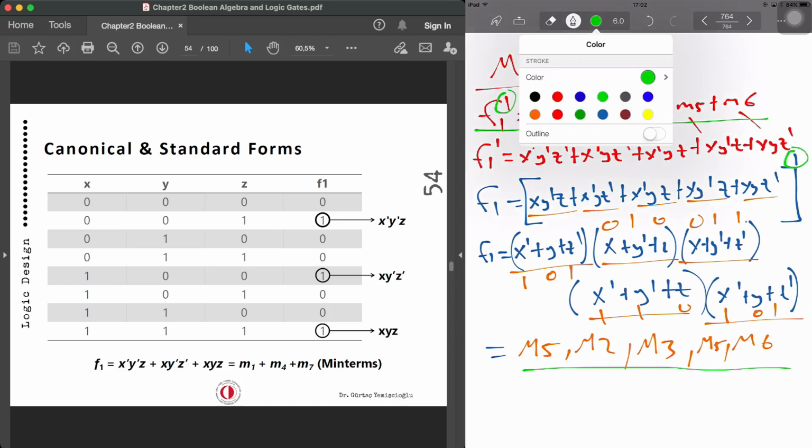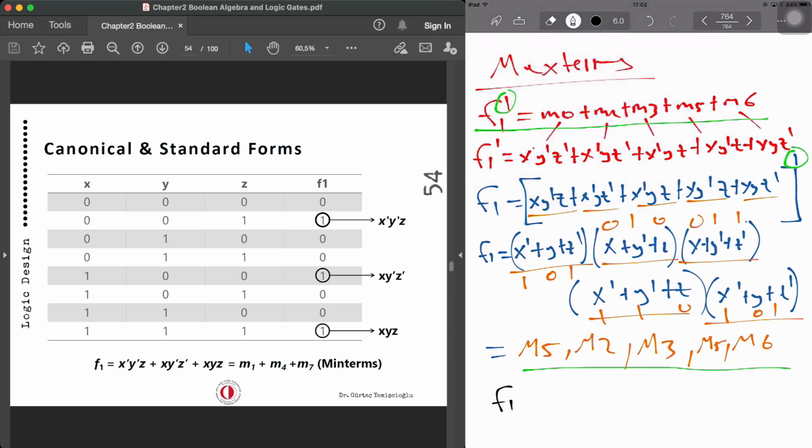So I can represent this as f1 product of max terms 2, 3, 5, and 6. I accidentally wrote 5 twice, you don't need to write it twice. So you can get rid of 1, and 2, 3, 5, 6 are our max terms.